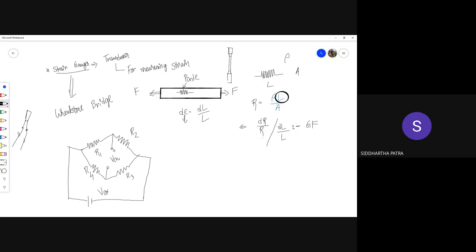So what we essentially do is we measure the change in this voltage. Okay. And that should actually enable us to measure the change in the resistance. Which again, with the help of gauge factor, should give us the value of the strain, which is the change in length per unit original length.